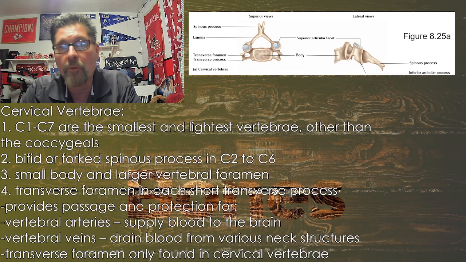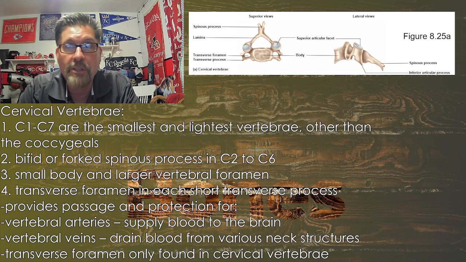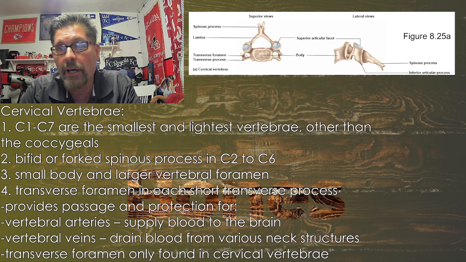But looking at the overall cervical vertebrae, they're certainly the smallest and lightest when we look at them individually, noticeably smaller than both the thoracic and the lumbar. I mentioned the forked process. You can see that in the diagram just beside me, the one that's pointing up.